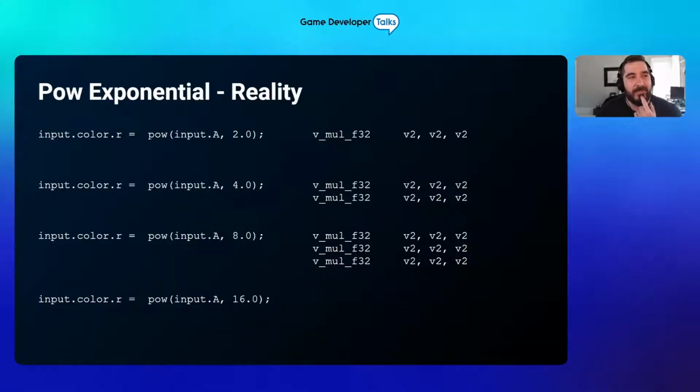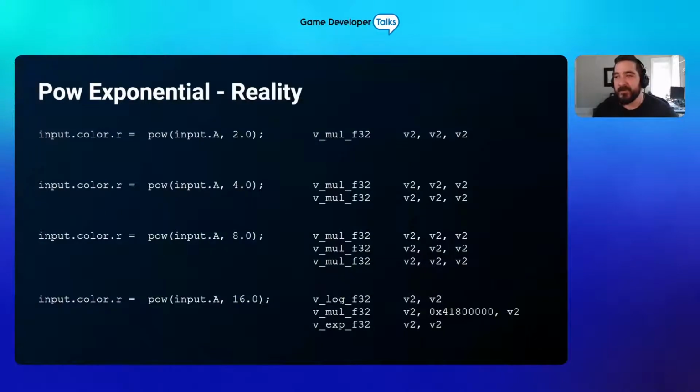But then we get to the 16th power, and this is where it gets interesting. So instead of multiplying it by itself yet a 4th time, it employs this sort of mathematical trick for exponentiation, where it gets the log of the base and then multiplies the log of the base by the exponent, and then raises e to that power.